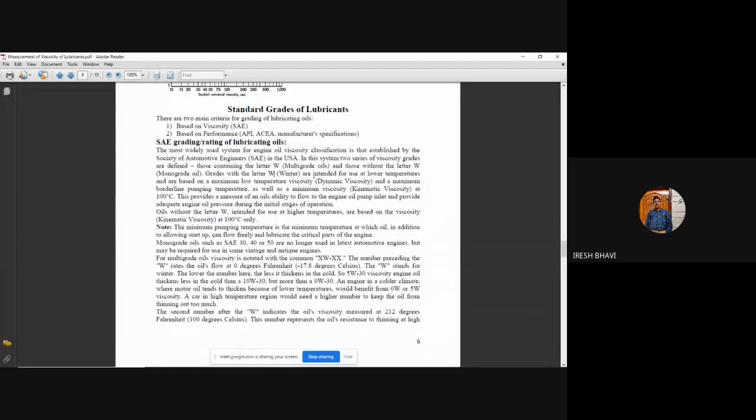Whatever lubricating oil you are using in Bijapur may not hold good in Delhi, because in winter the temperature in Delhi goes down to 2 or 1 degree Celsius, or even sometimes 0 degrees Celsius. But in summer in Delhi, it goes up to 45, 46 degrees Celsius. So Delhi has very adverse temperatures. In summer it is 46, in winter it is 0 degrees Celsius.